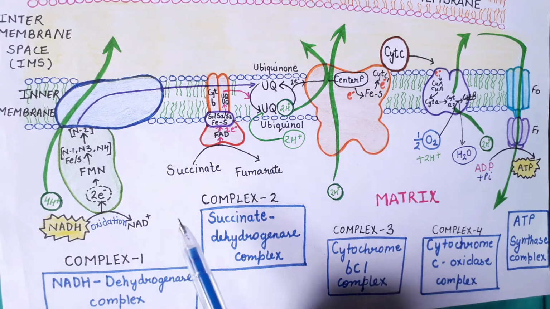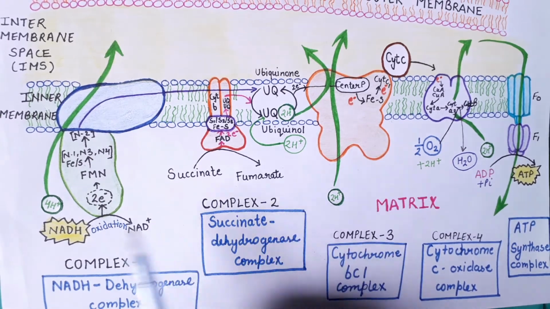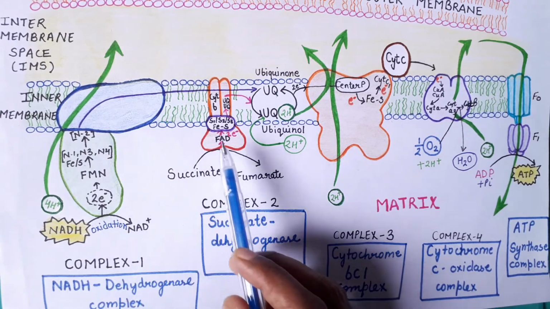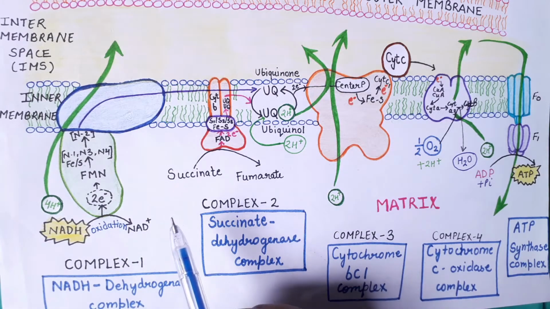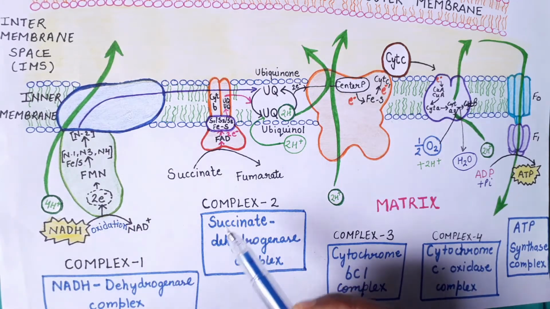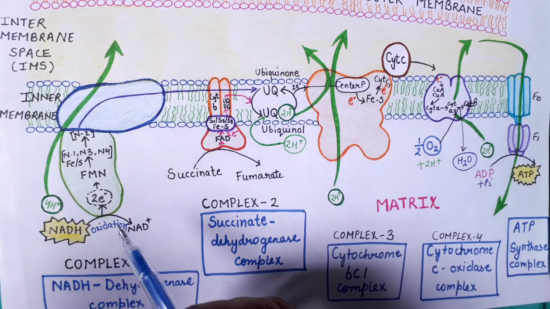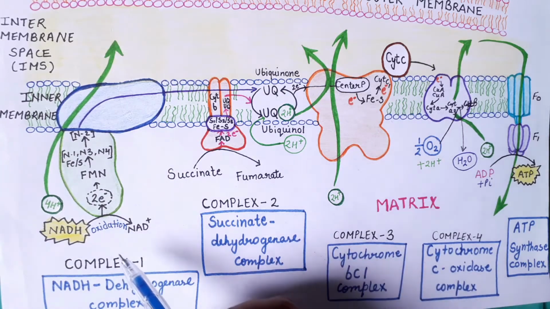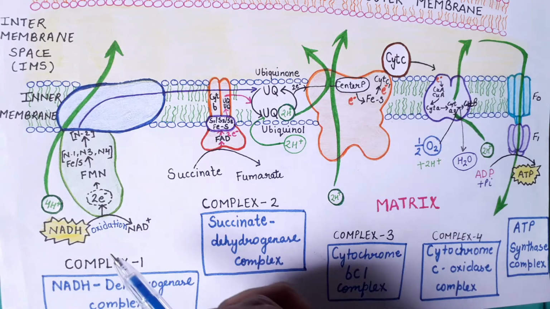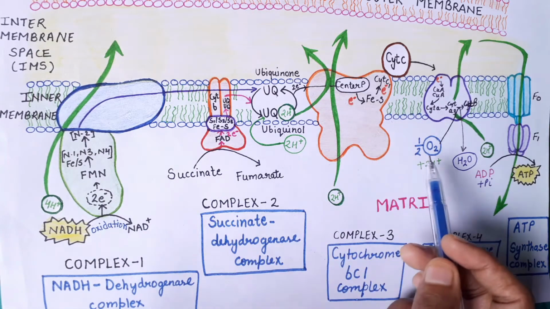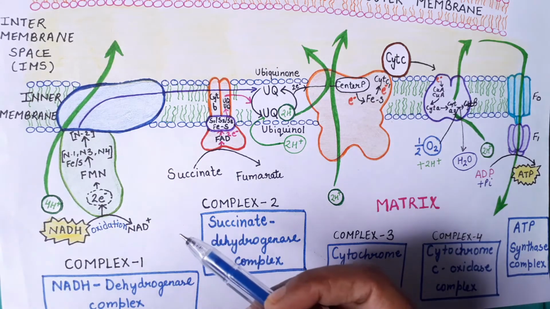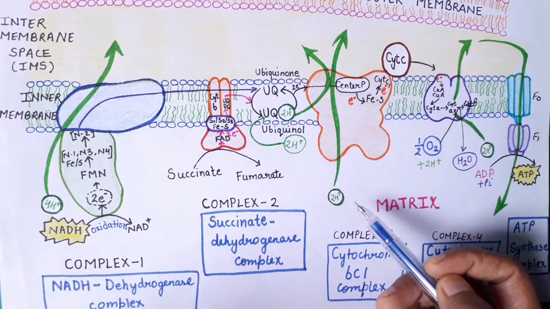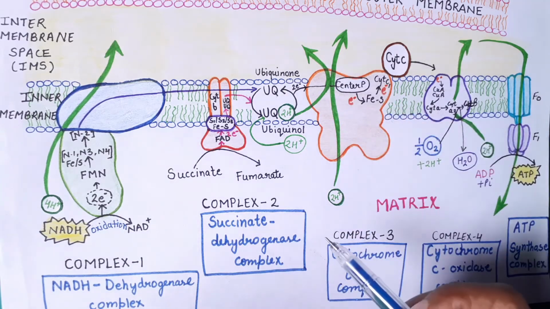So in the electron transport chain, basically what happens is the NADH as well as the FADH2 that were formed earlier in the process of glycolysis as well as in the Krebs cycle are used here. These are oxidized here, and the electrons from their oxidation are accepted by oxygen. In this process there is pumping of protons from the matrix into the intermembrane space.